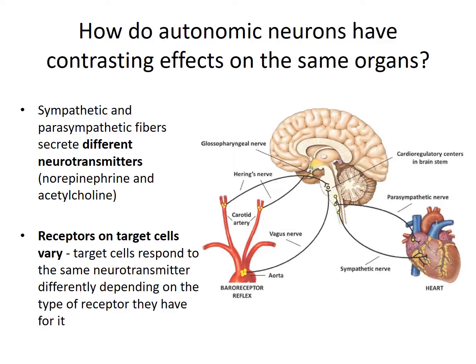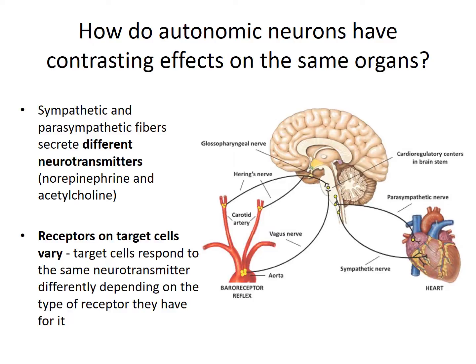Parasympathetic fibers tend to secrete acetylcholine on their target organs. Also, the receptors on target organs can vary significantly, and target cells will respond differently to the same neurotransmitter depending on which receptor is present.